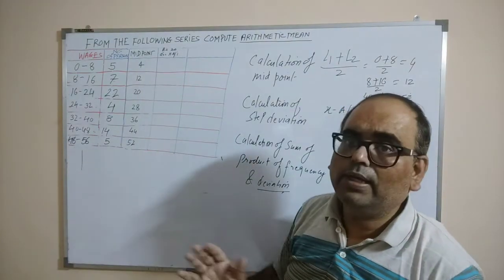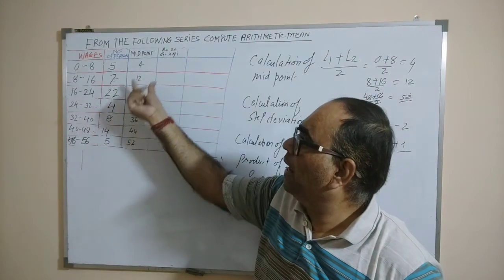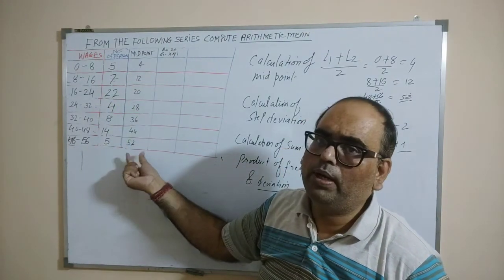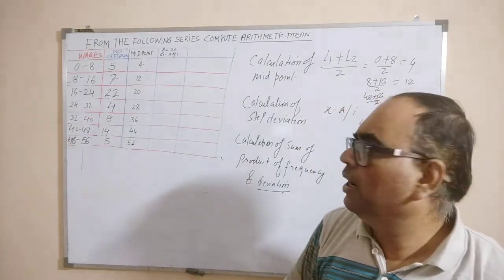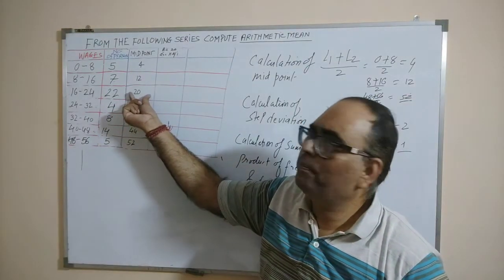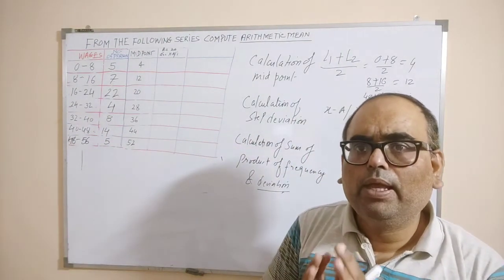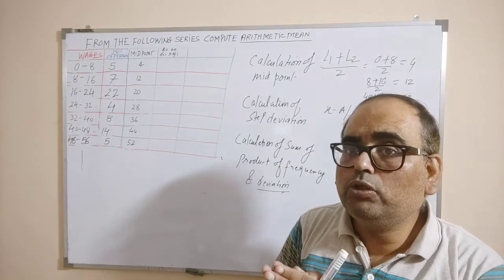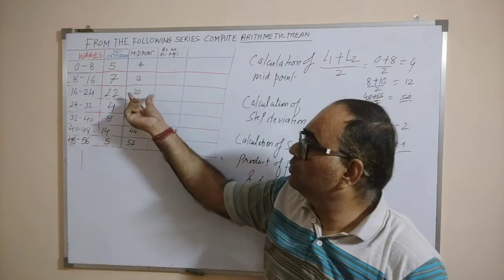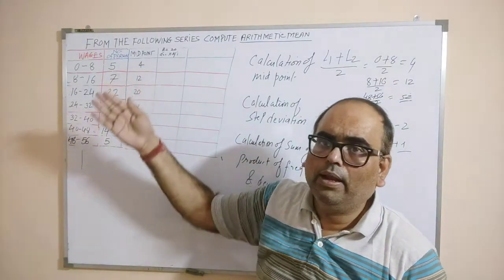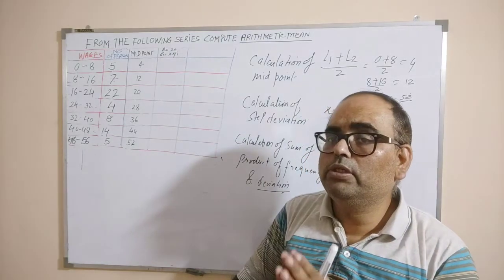For calculating step deviation, we need to assume any value among the midpoints as the assumed mean or arbitrary mean. In this question I take 20 as my assumed mean. After that, the next step is to calculate the deviation of each value from the assumed mean and divide that deviation by the common factor, which is represented by i.